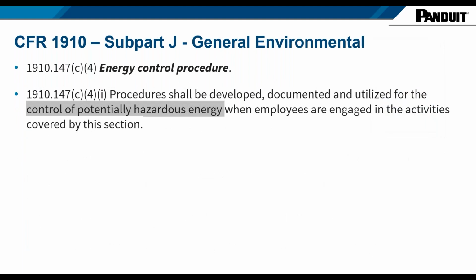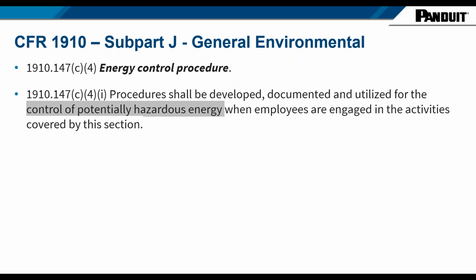So with that, subpart J, the first part of 1910, the energy control procedure. This is the first time that they start mentioning that there needs to be a control procedure of potential hazardous energy. Now keep in mind this hazardous energy in this section, which is just a general environment of workplaces, is not specific to electrical. It is thermal, and then different mechanical energies as well.